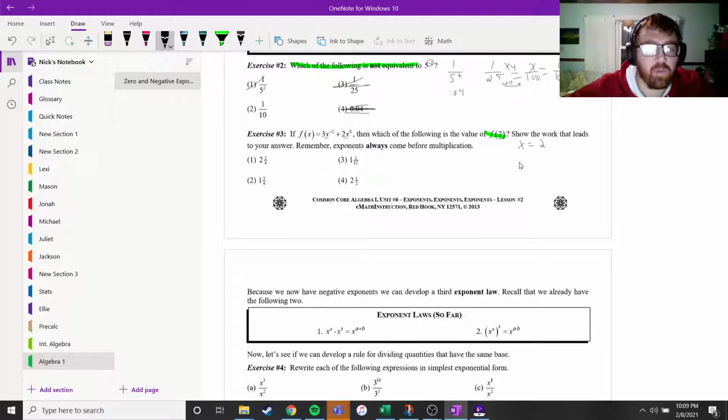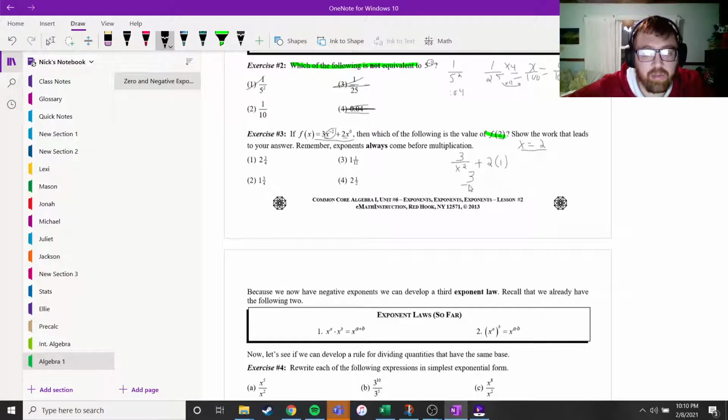Alright, so let's rewrite this whole expression so it's in its simplest form. First we're going to take this 3x to the negative 2nd. Remember, this exponent is only tied to the x. So then it becomes 3 over x squared plus, and then because this is x to the 0, we could replace that with a 1, so it's going to be plus 2 times 1. Now, let's plug in x equals 2.